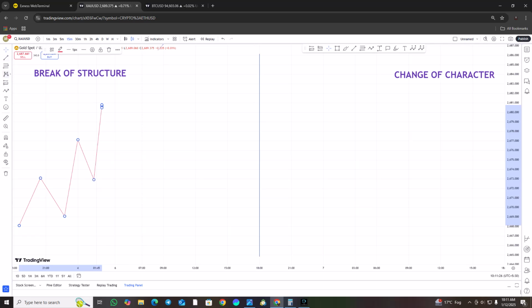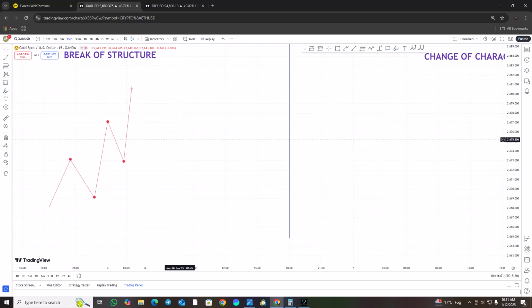Market is going up. Can you see a high over here? You can see a high, you can see a low, right? You can see a high and you can see a low over here.